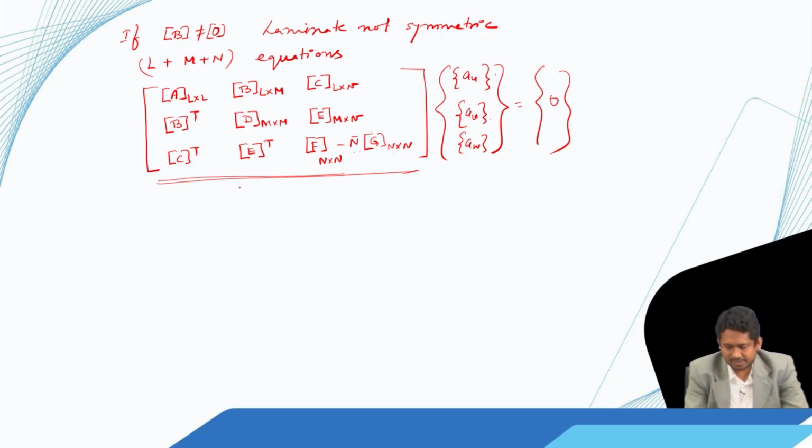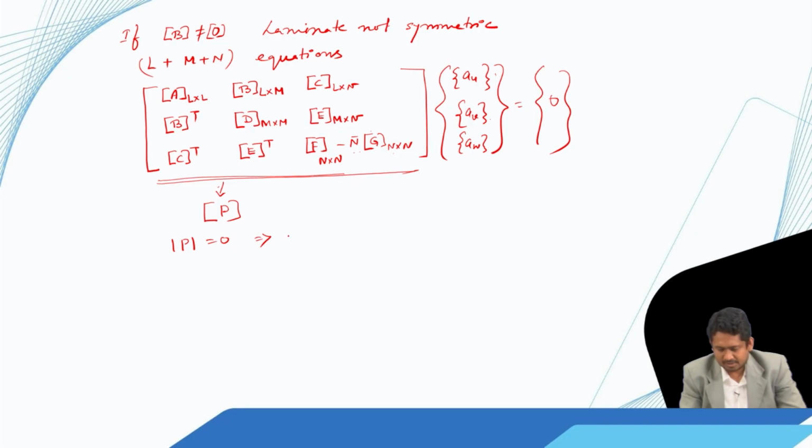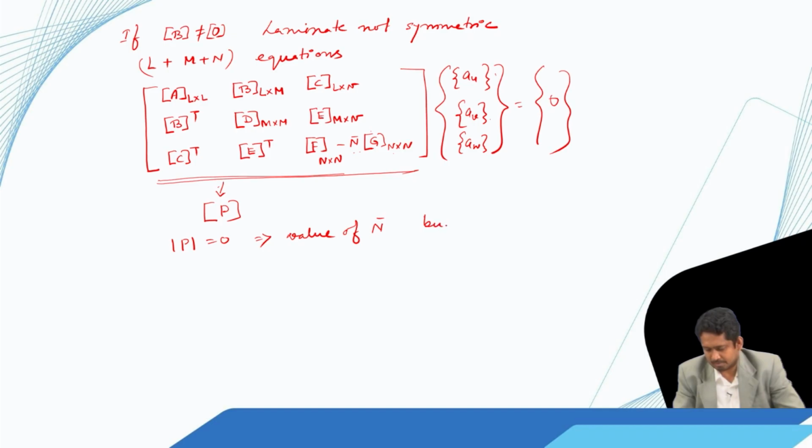So, let us call this matrix the P matrix. The determinant of P equal to 0 will give us the values of n bar, that means the buckling loads.